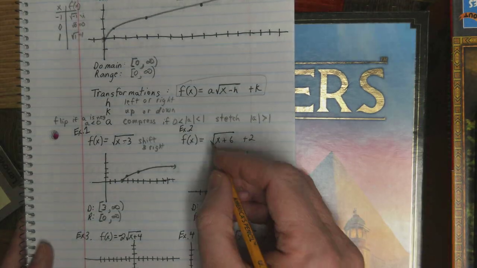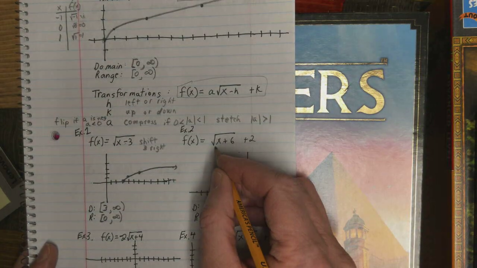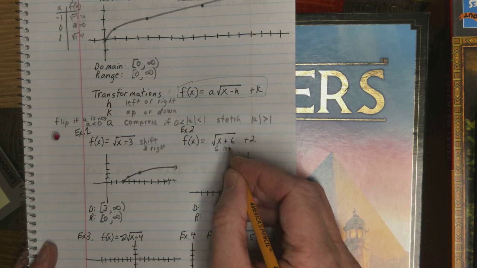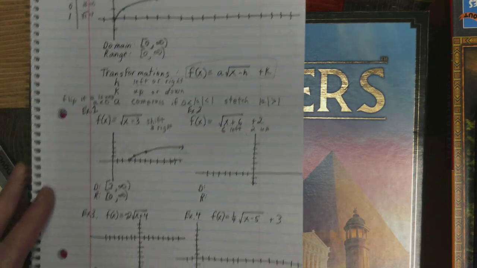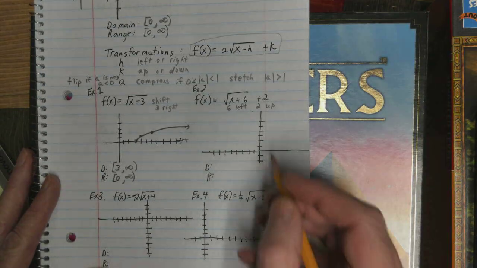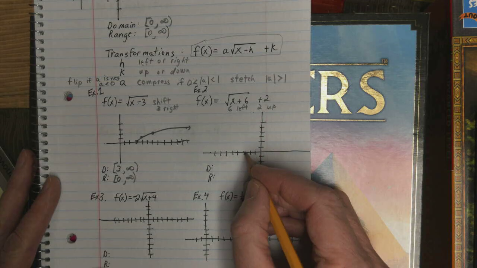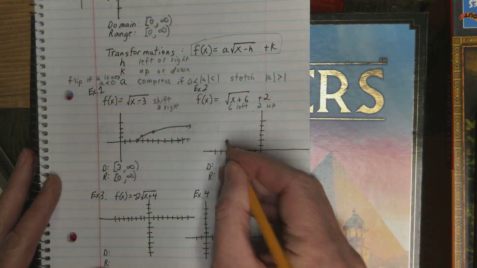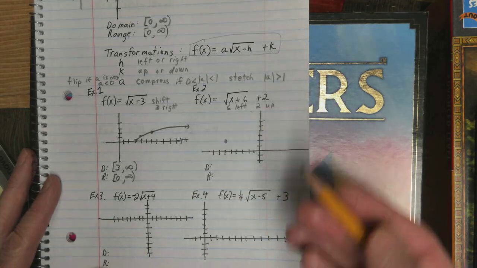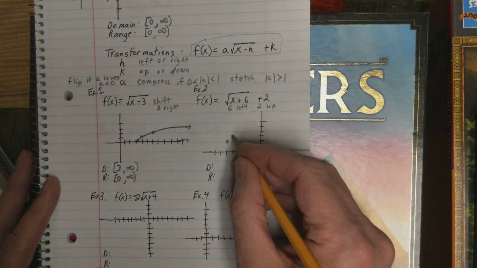Now, this one we would shift 6 left and 2 up. So I'm going to shift this 1, 2, 3, 4, 5, 6 to the left and 2 up, and right here is my starting point. And then you remember that 1 over, 1 up.